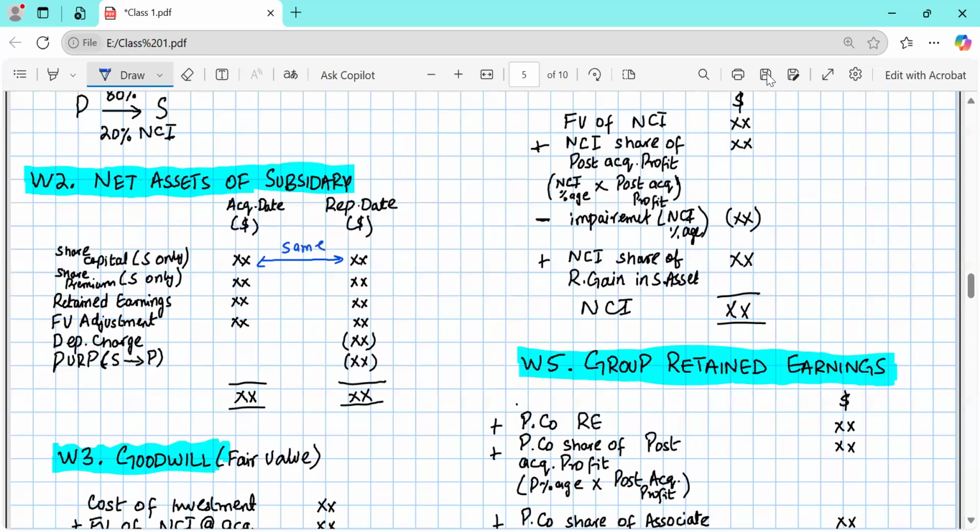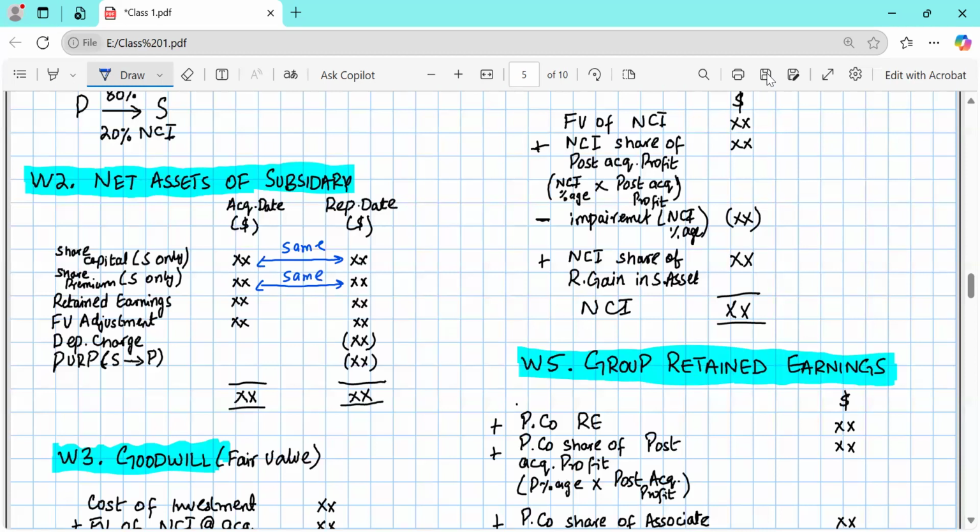Because when we acquire the company, from the group point of view, their share capital and share premium balance will cease, because now we have controlled the subsidiary company, right? So share capital and share premium at both acquisition date and reporting date will remain the same.